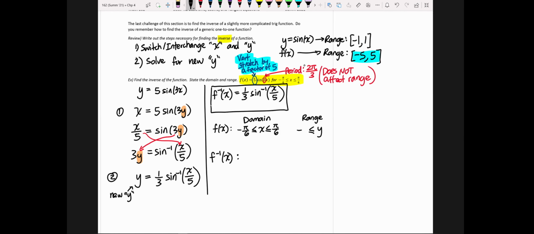Let's go to Jacob. So Jacob, if we know the domain and range for f of x, how do we get the domain and range for f inverse? Jacob, I think you're still on mute.